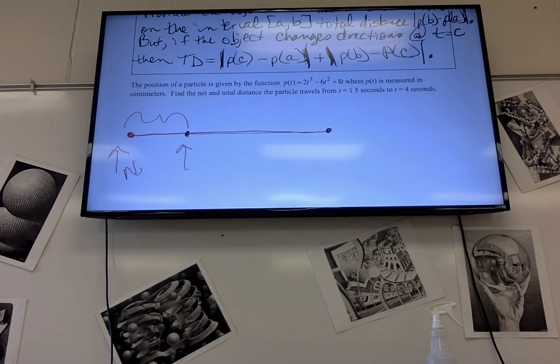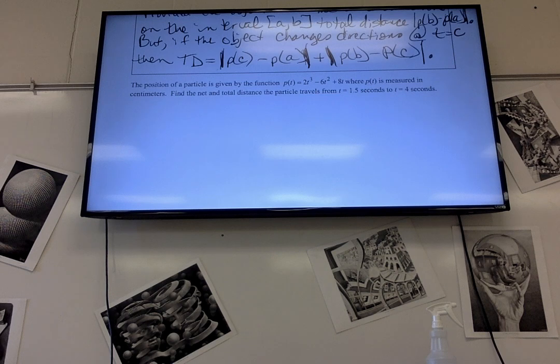That's net. Total distance would be from here to here, plus this. It's the entire amount, which makes sense why it's called total distance.